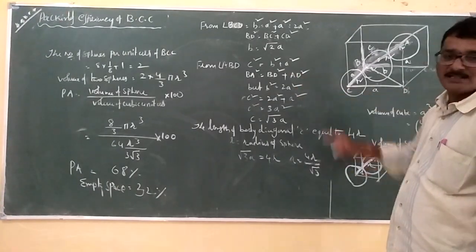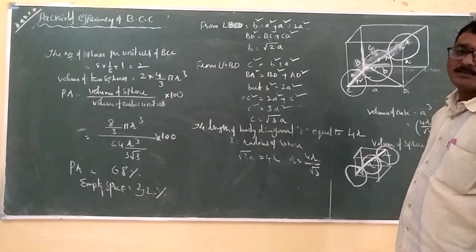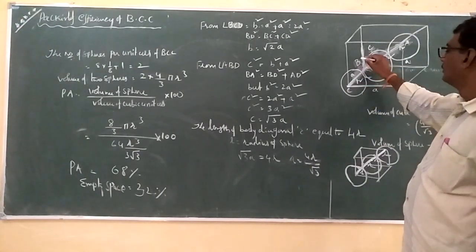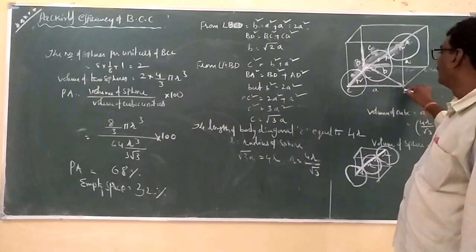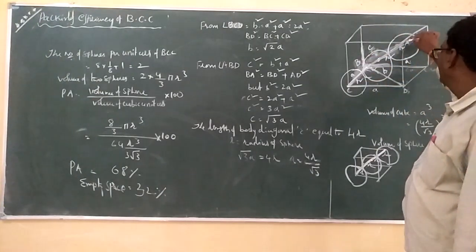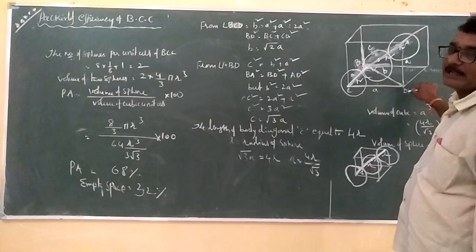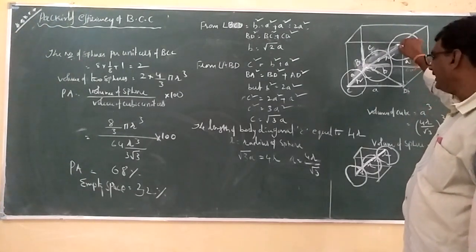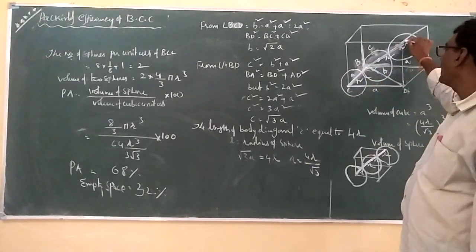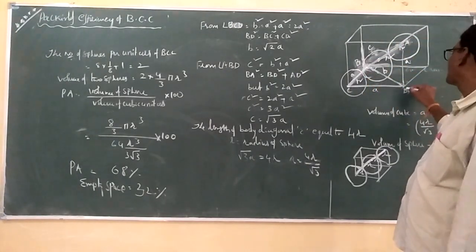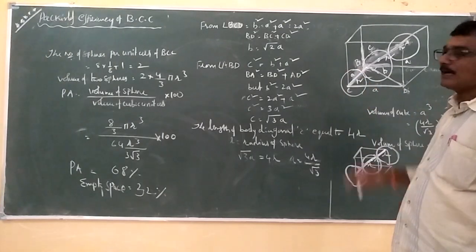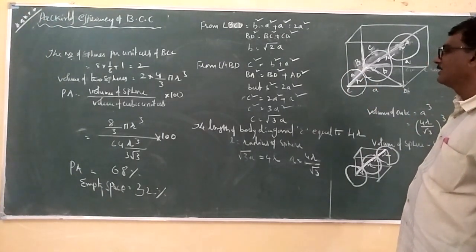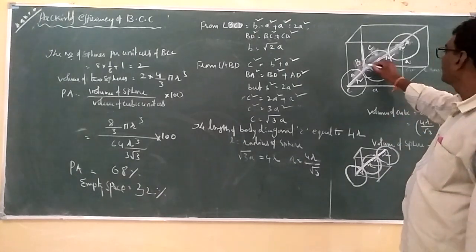Once again, the first triangle is BCD, and the next triangle is ABD. In ABD, BA square is equal to BD square plus AD square. But what is BA square?